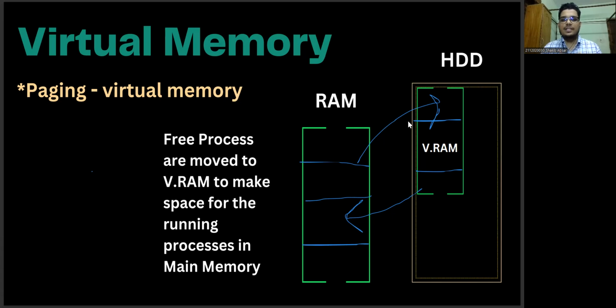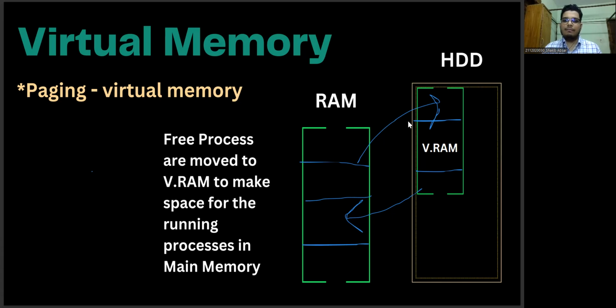Virtual memory uses techniques like paging and allows the memory to be virtually increased. Let's say we have a RAM and we are playing a game, graphic designing, and video editing. So what virtual memory does, it allocates a portion in the hard disk or in the secondary memory, named as virtual memory.